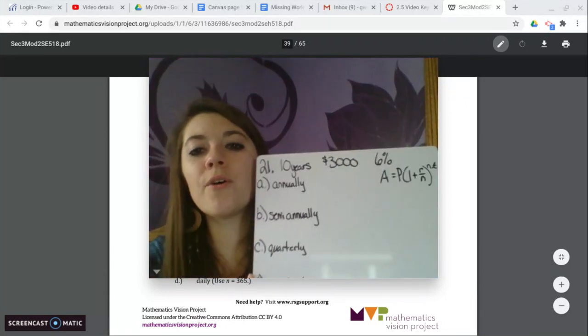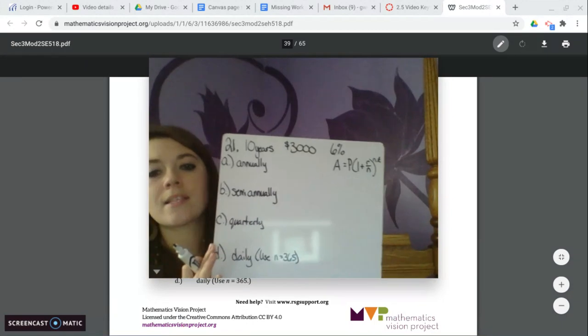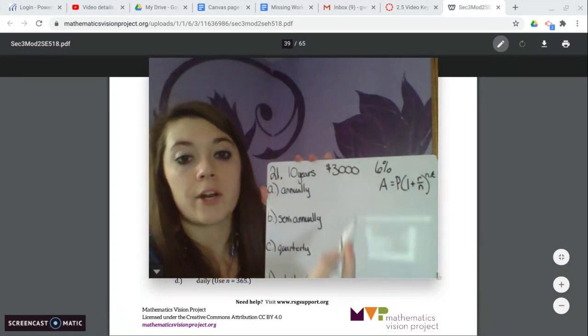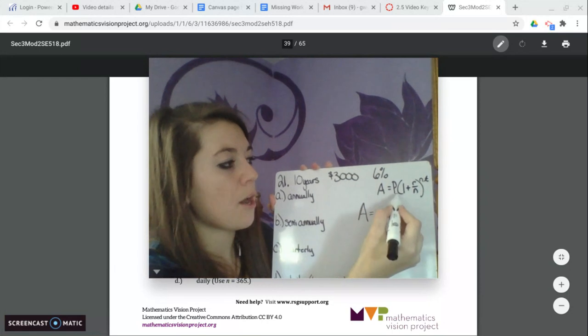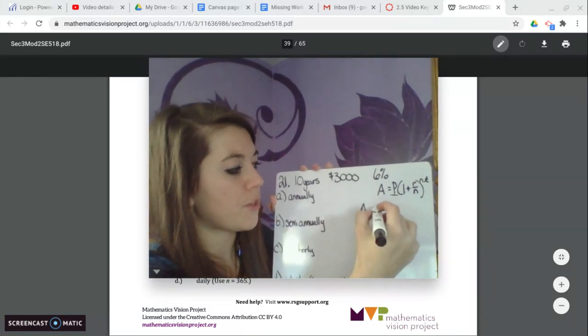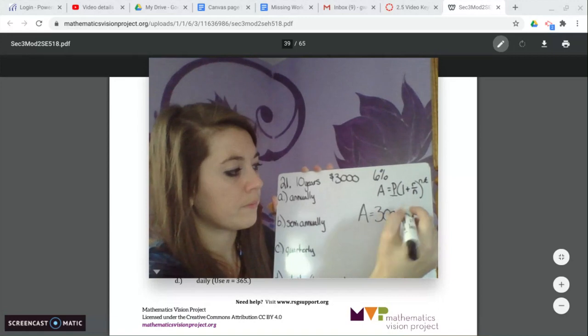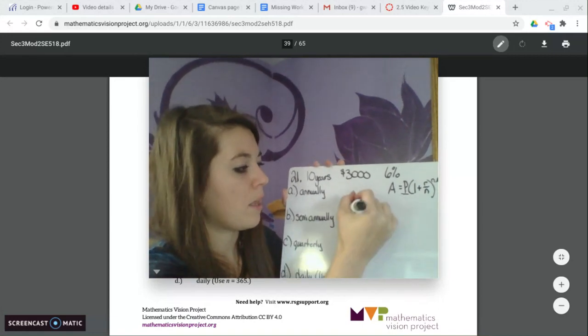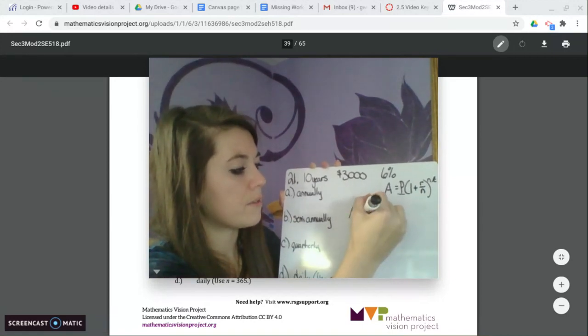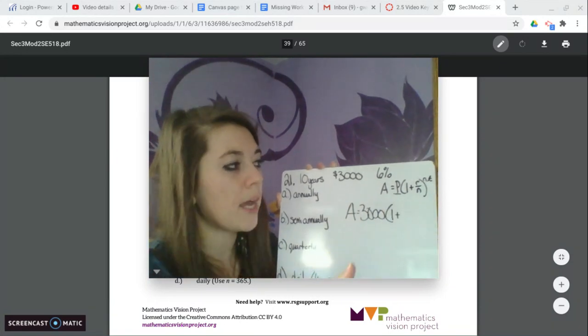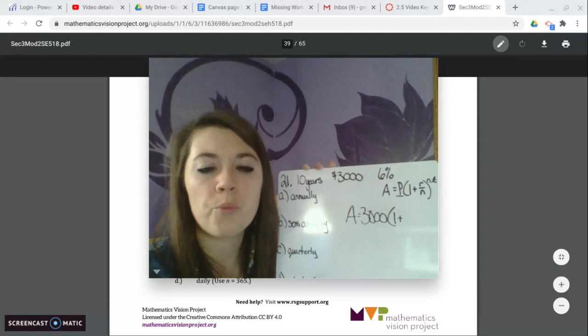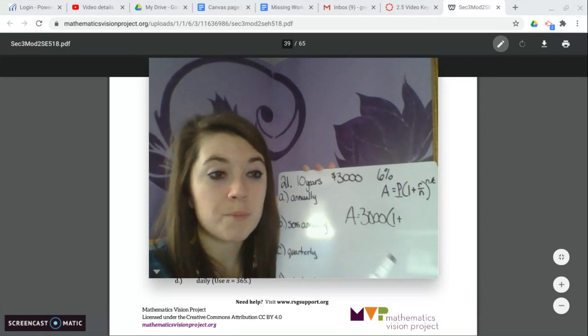Okay, so based on our equation, let's set up what it should look like based on our information. So A equals, P was our principal or starting value, so that's the 3,000. So A equals 3,000 times 1, that's going to stay the same, plus, now, anytime we're dealing with a rate, we don't actually want to put the 6% there.